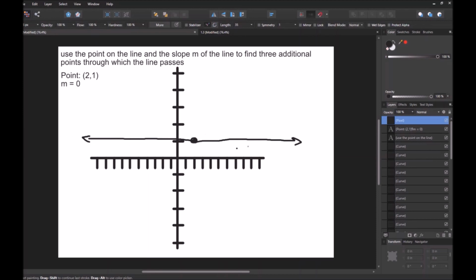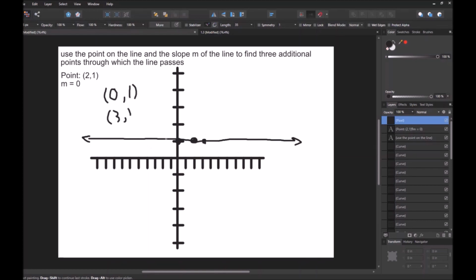So any point along this line could work. We could pick this point, which is 1, 0. Or it's 0, 1, I'm sorry. 0, 1, that's another point which lies on the line. Another point is this point right here, 3, 1.